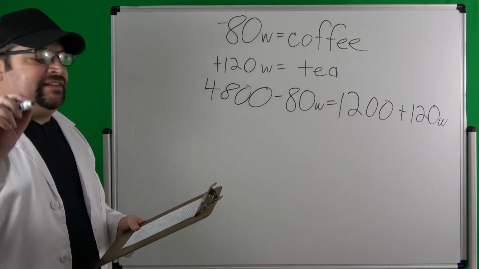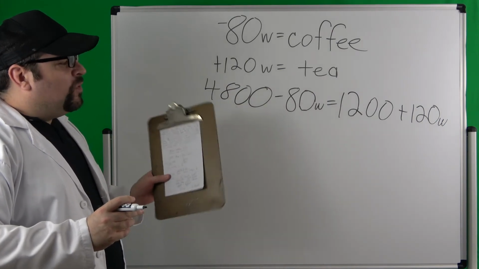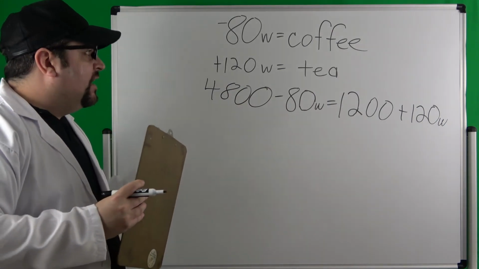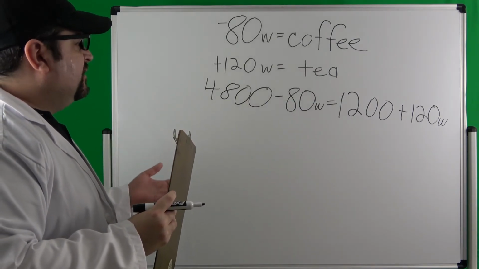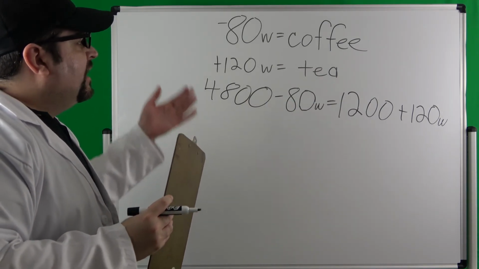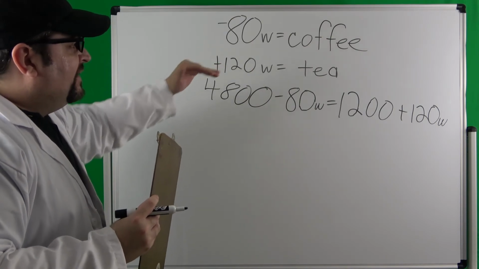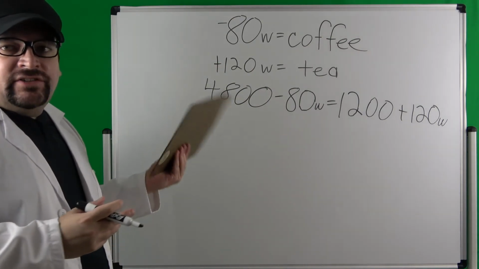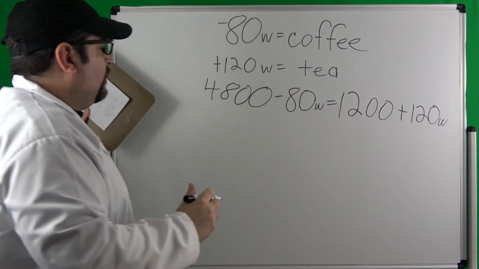However, bonus time. What if the question wasn't just asking us for the equation in multiple choice? What if it wanted to know how many weeks before the coffee and the tea orders were equal? Well, all we would have to do is just solve this equation. So, shall we?